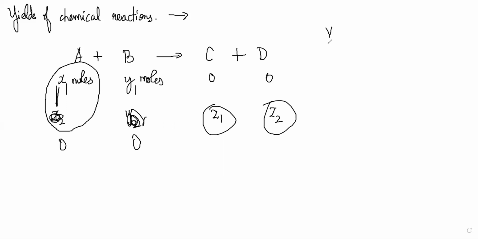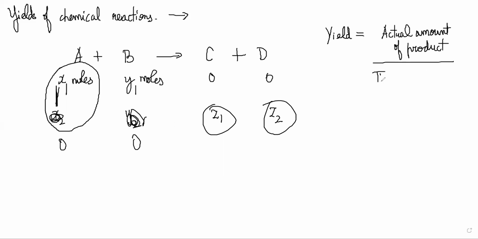So basically what we define as yield is: yield is equal to the actual amount of product divided by the theoretical amount of product. The actual amount is what you saw in the experiment, and the theoretical amount is what you would have predicted, assuming 100%, multiplied by 100.